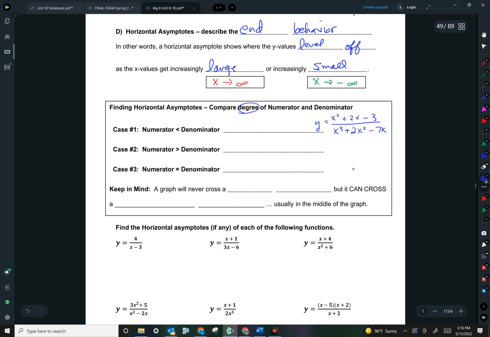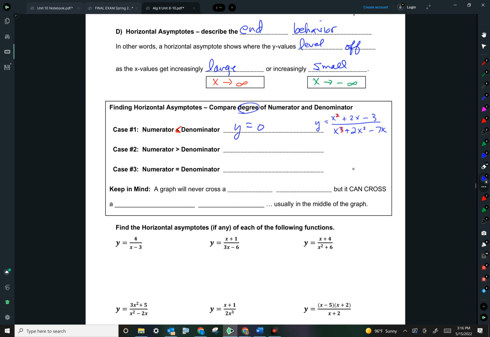Remember earlier this semester, we said that the degree is the highest exponent. So the degree on the top is 2. The degree on the bottom is 3. So this is a case where the numerator degree is less than the denominator degree. In that case, we would say that there's a horizontal asymptote at y equals 0.